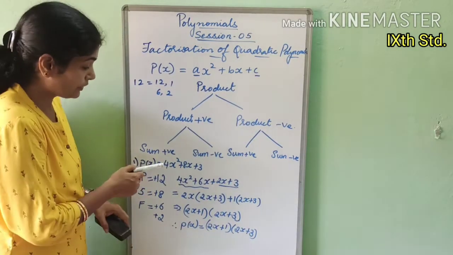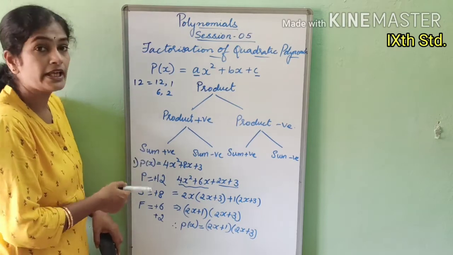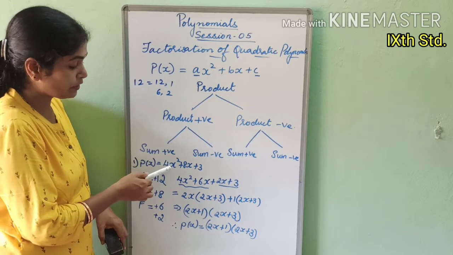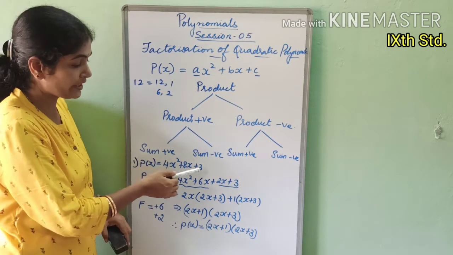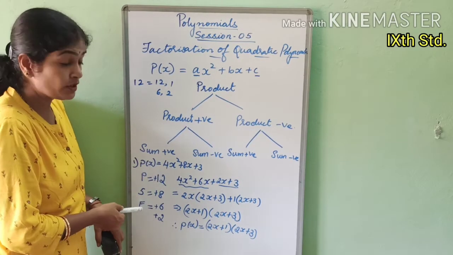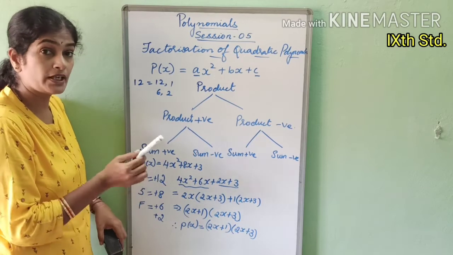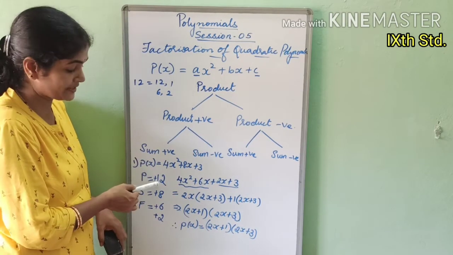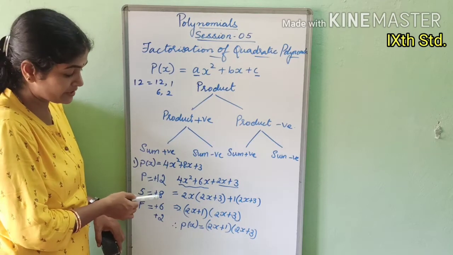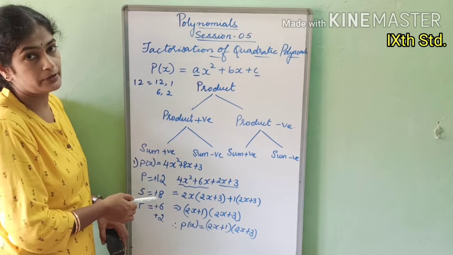Did you follow? When the product is positive, sum is positive. This is one example which we have taken. What is the rule? The product is the product of the coefficient of x square and the constant. Here 4 into 3 is 12. Sum is 8. You will find the factors of 12 such that when you multiply those two, you get 12, and since it is a plus sign here, when you add those two factors, you should get 8.